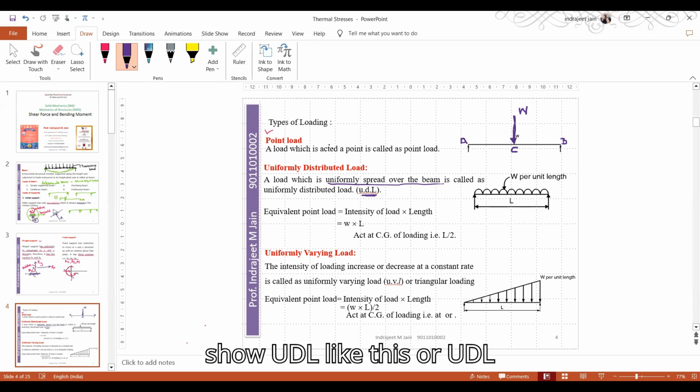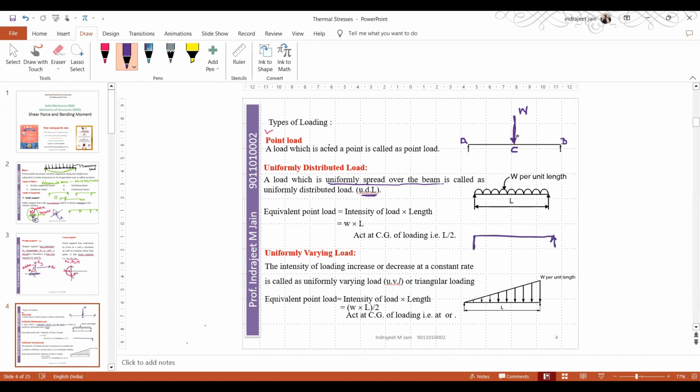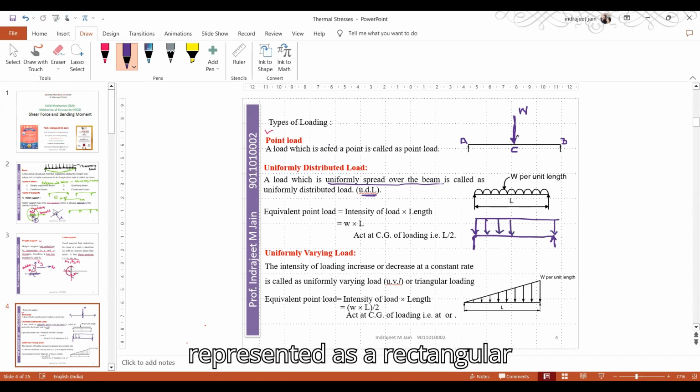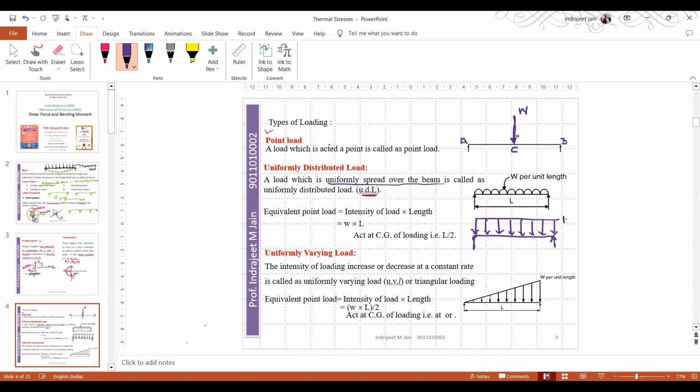So you can show UDL like this, or UDL can be represented as a rectangular loading. UDL can be represented as a rectangular loading like this. This is your UDL. Clear?